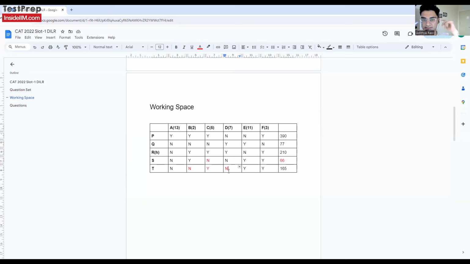And we notice there's no inconsistency. But we cannot just sit on this answer and go ahead, because there's another possibility. The fact that S could be getting money worth 165 and T gets 66. So we'll just try out that possibility also.